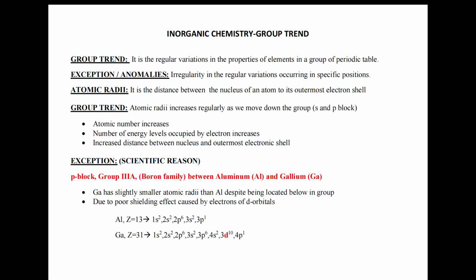For the atomic radius, now I'd like to ask you a few questions and you can share your answers. So what is atomic radius? How do you define group trend? Why does gallium have a slightly smaller atomic radius than aluminium?